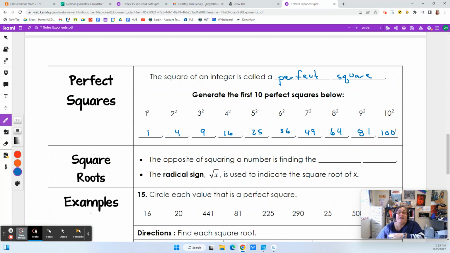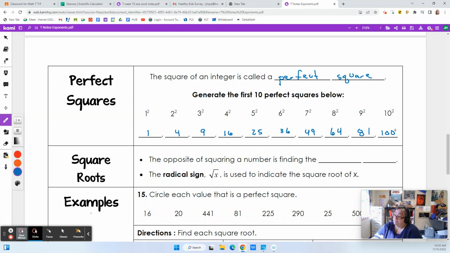We got the first 10 perfect squares there, right? It's really useful to know them. It will help you anytime you're doing square roots to know what your smaller perfect squares are.